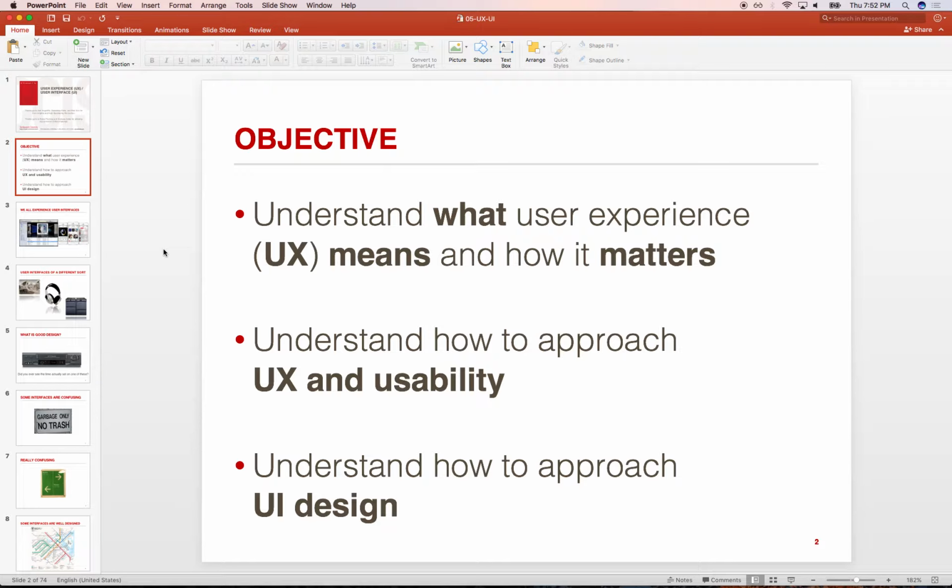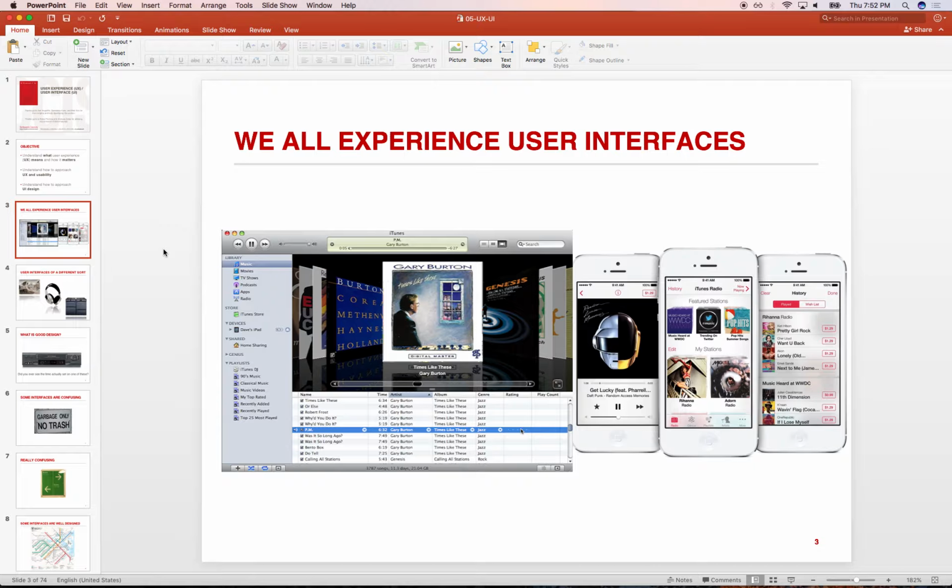So definitely UX, or user experience, matters. There's a lot of money and success at stake, and we want to see what we can do to improve it. So there's always an interface. Anything you touch is meant to be used by a human, right?